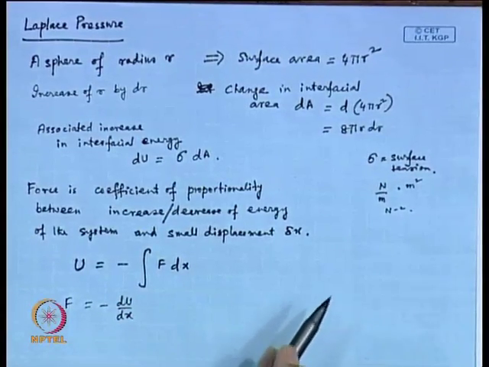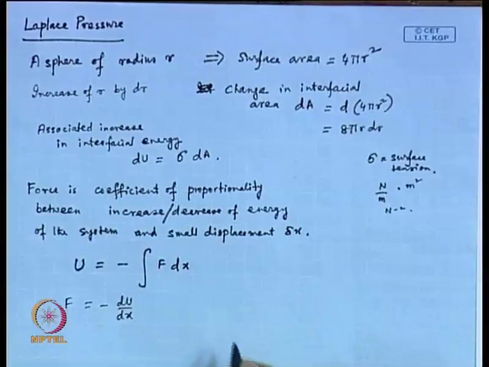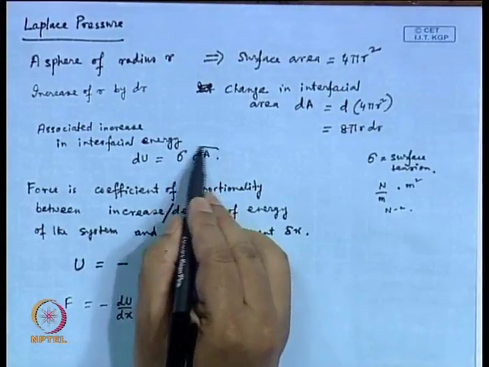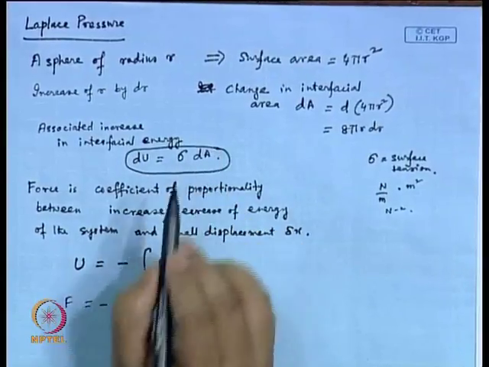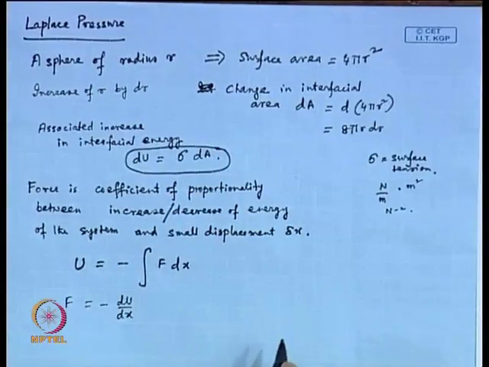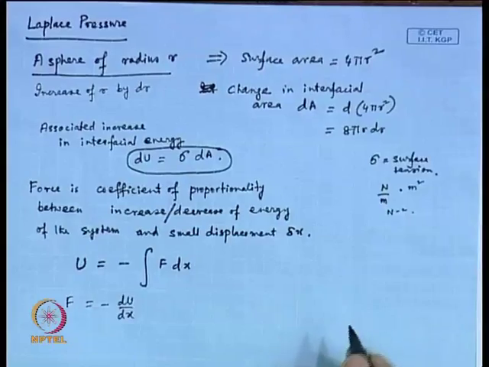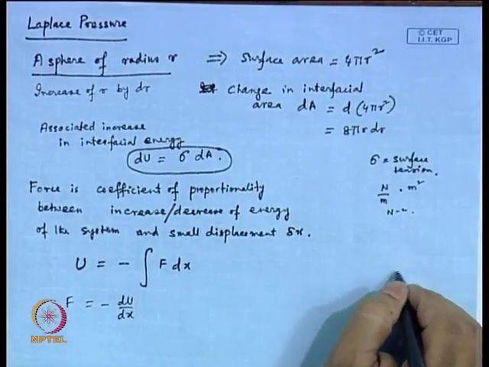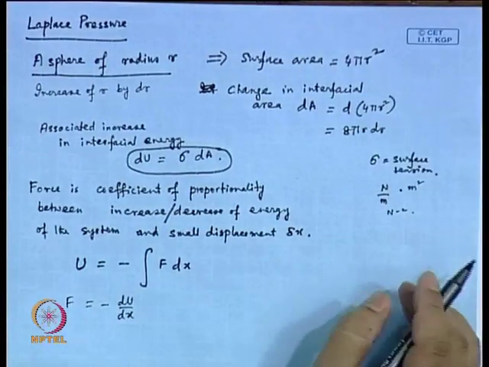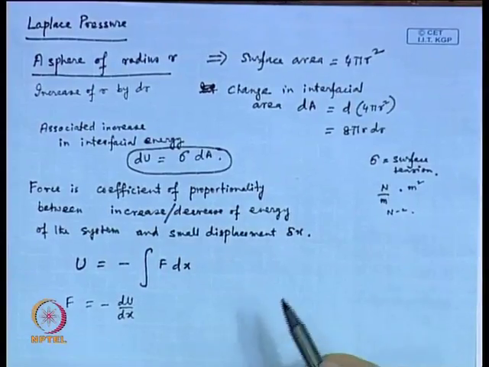All right. So in this case, with this information available to you, du is equal to sigma dA, what do you have for this sphere? We started with a sphere of radius r. Okay. So we are talking about a bubble of radius r inside, say, water, and we are trying to find out what would be the force in this case.